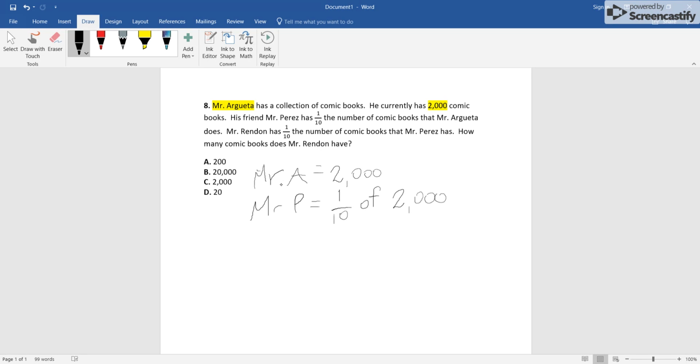Okay, so since this is a fraction, or it could be seen as a division, 1 divided by 10, well, I'm going to turn this into a fraction or a division as well. 2,000 divided by 1 is still 2,000. So it still works even without the divided by 1 symbol. Okay, and of, instead of, we just multiply.